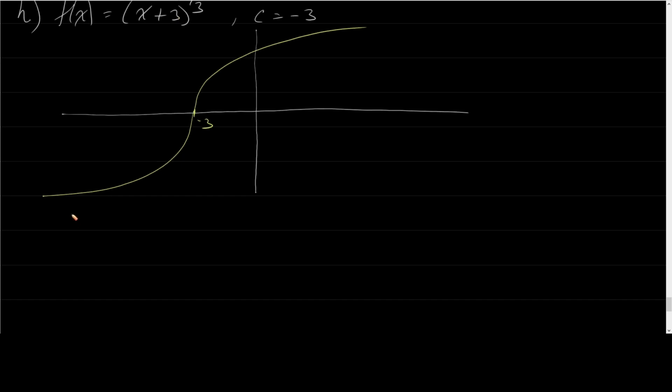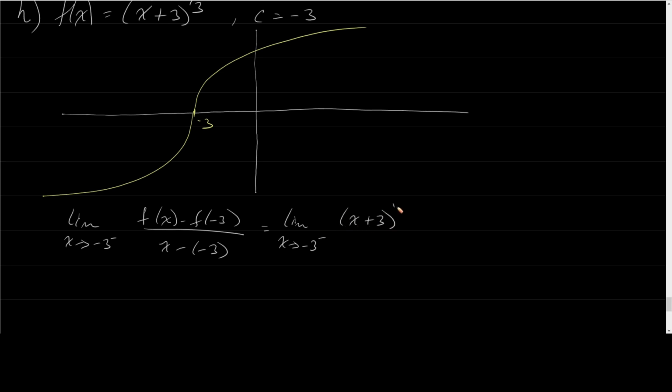So we have the limit as x approaches -3 from the left of f of x minus f of -3 over x minus -3. So this gives us the limit as x approaches -3 from the left of x plus 3 to the 1/3, right?